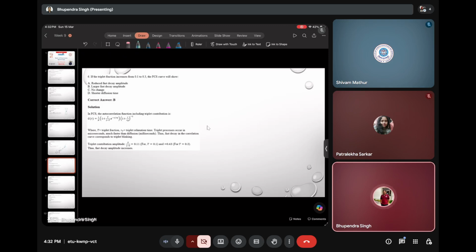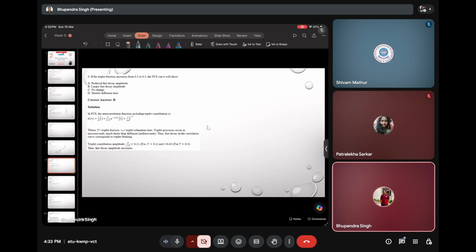So G(tau) equal to 1 by N, times 1 plus T divided by 1 minus T, e to the power minus tau by tau T, in bracket, times 1 plus tau by tau D to the power minus 1, where the capital T is the triplet fraction, means this is the fraction, and T divided by 1 minus T is the amplitude, the triplet contribution.